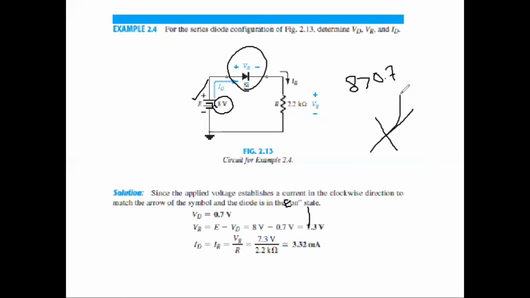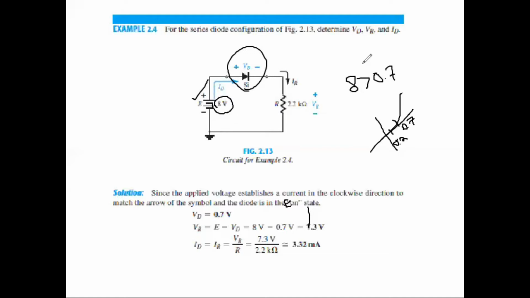This is the curve. If the applied voltage is somewhere here, and this is the required voltage which is 0.7, after it the diode will conduct the current. If you are applying any voltage like 0.2, below 0.7 you can see that there is no current conduction, and it will block all the current.